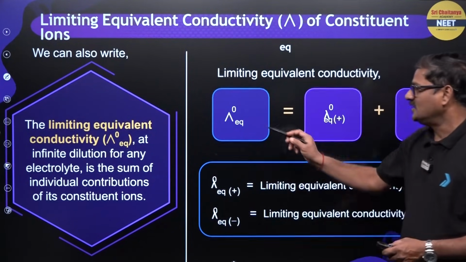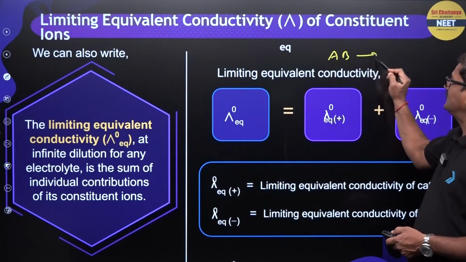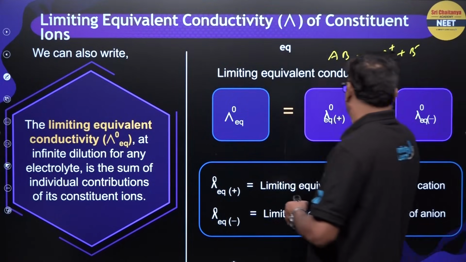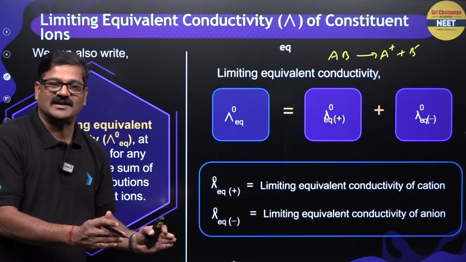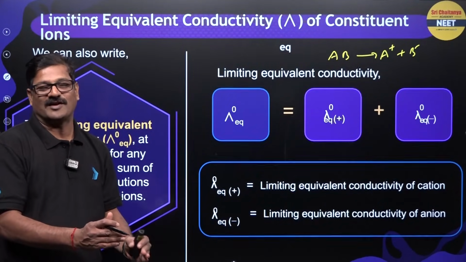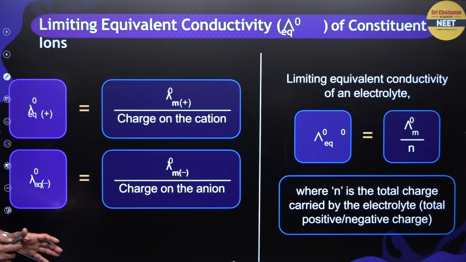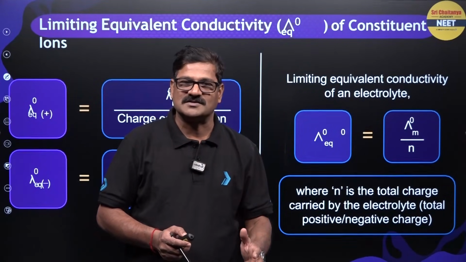Let us say the electrolyte is given as AB, and it gives rise to A plus and B minus. So, their values are given here. The sum is taken into consideration to get the equivalent conductance. And it is quite useful for solving NCERT questions and NEET questions as well.